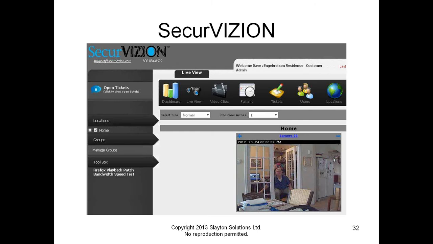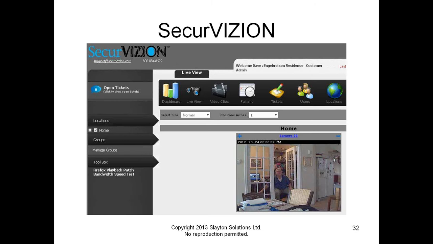Now, I understand and you understand that there are companies and locations who need very, very high quality security systems. Banks, drugstores, gun stores, pharmacies, jewelry stores. Those places need high security, and they probably need multiple recording methods.